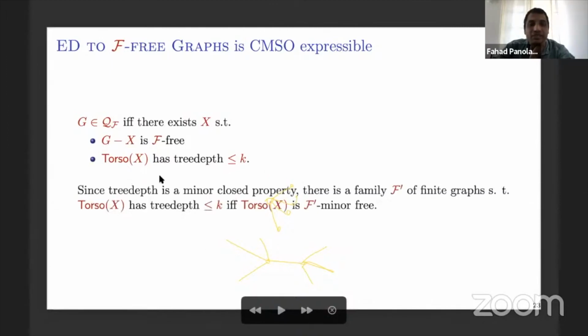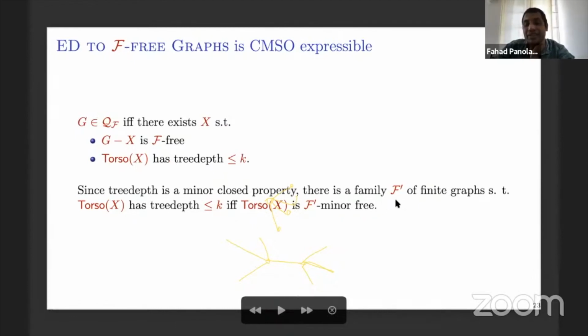Now, tree depth is a minor-closed property. What is the meaning of that? Suppose the tree depth of a graph G is at most some number q, then any minor of G also has tree depth at most q. This implies that the set of graphs which have tree depth at most k has a finite forbidden minor characterization.